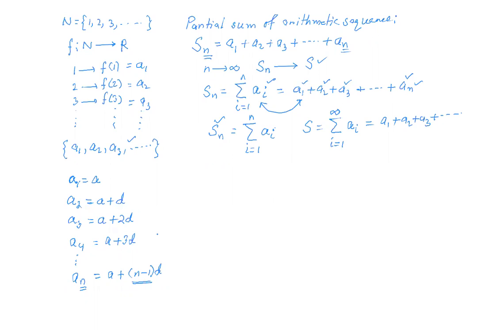The difference is that the partial sum is a sum of finite terms, and the series is a sum of infinite terms. Now, there are situations where this will diverge, that means it does not converge to a value, okay? And there are situations where this infinite sum or series will converge.